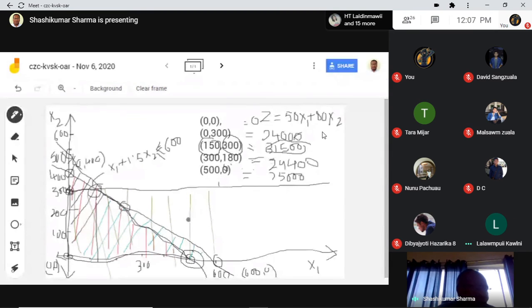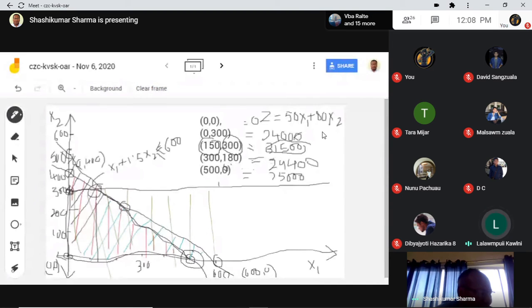Sir, is the third one correct? The third one is 150 into 150 plus 300, yeah, it is okay. When we multiply 50 and 150, it's 7,500, plus 80 into 300, 24,000.